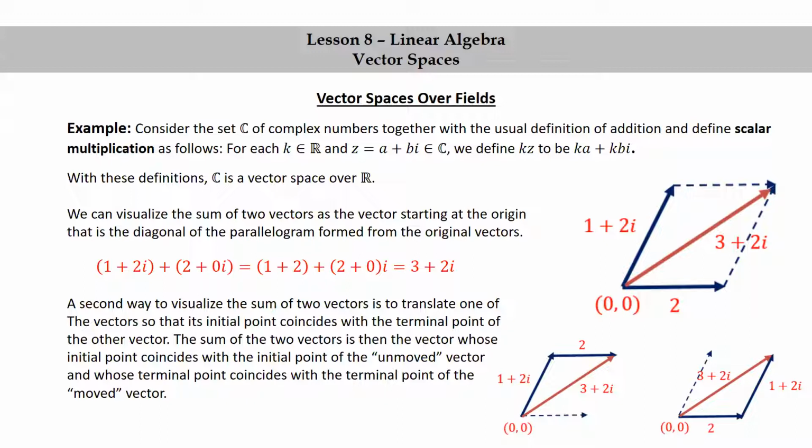Similarly, on the bottom right picture, we moved the vector 1 plus 2i over to the right. And this time, the sum 3 plus 2i goes from the initial point of 2 and ends at the terminal point of 1 plus 2i.